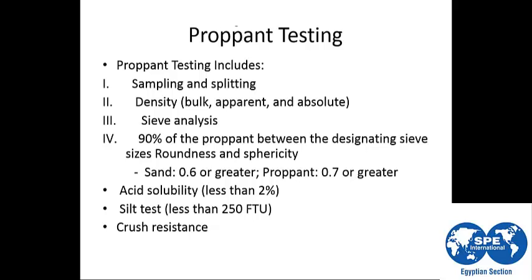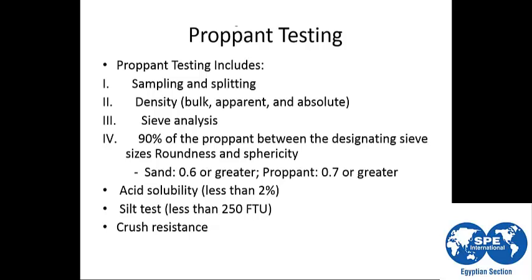Also, there is an acid solubility test for the proppant. Acid should dissolve less than 2% of the proppant. Also, there is a crush resistance test where we take a sample and apply compression force on it, then repeat the sieving analysis test.